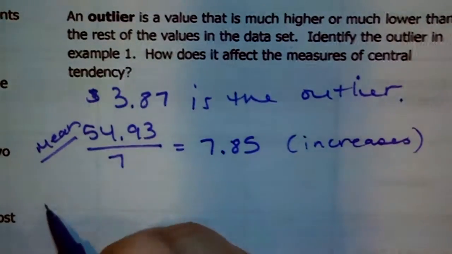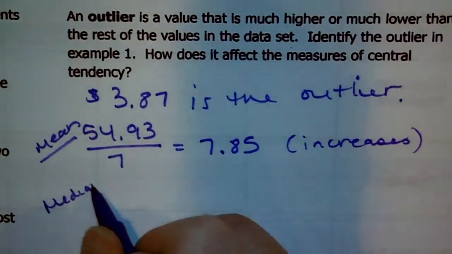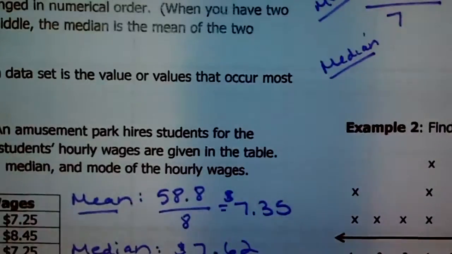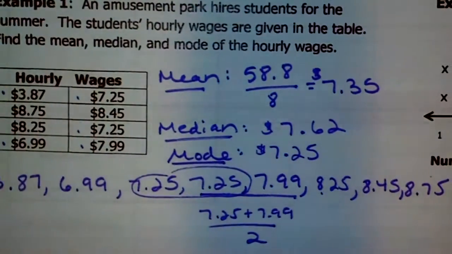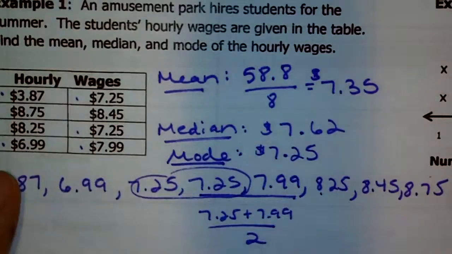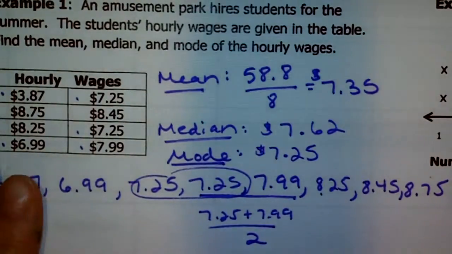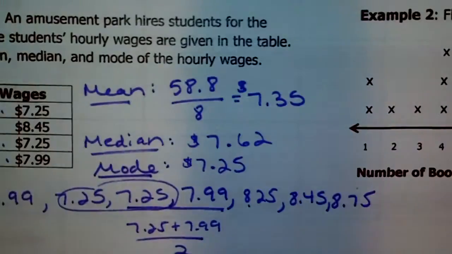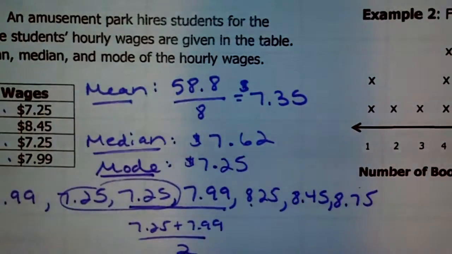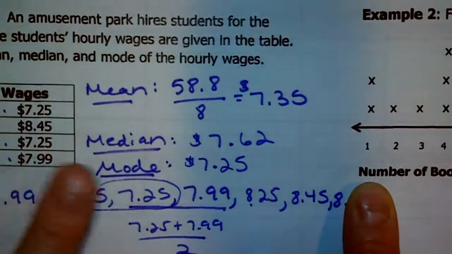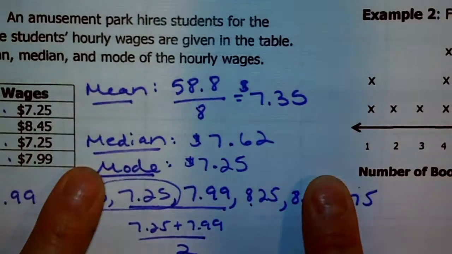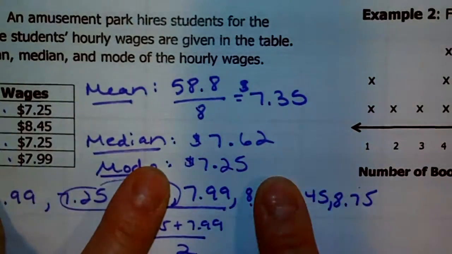If you take out the outlier for the median, so I already have the median all listed down here, so do you, I hope. And if we just were to pretend that $3.87 never happened and removed it from the data set, then we'd be working our way in from this $6.99. So $6.99, $8.75 match up, $7.25, $8.45 match up, $7.25, $8.25 match up.